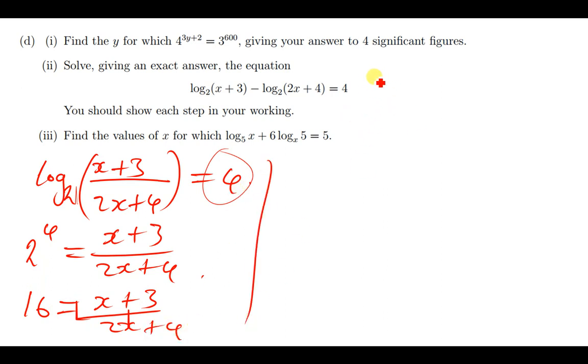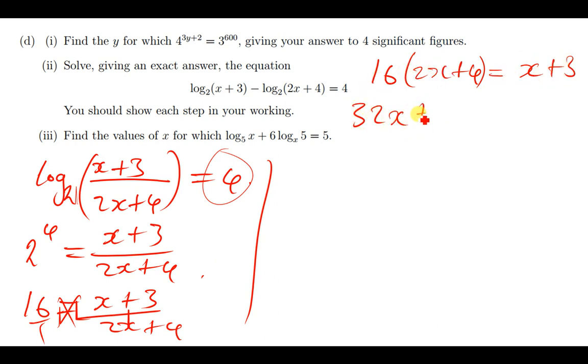From there we have to cross multiply. When we cross multiply, we're going to have 16 open brackets 2x plus 4 is equal to x plus 3. So 16 times 2 there, we're getting 32x plus 16 times 4, that is 64, is equal to x plus 3.